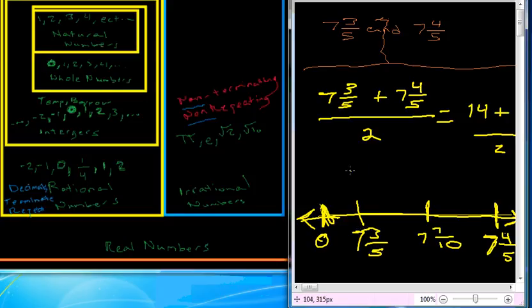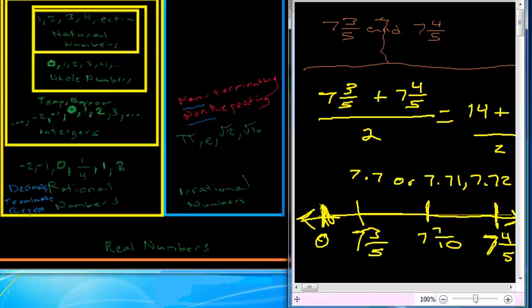I could have 7.7, or I could have 7.71, or 7.72. Guys, you see how there could be infinite amounts of possibilities? But there is only one number that is absolutely in the middle of these two. That's what the density property tells me.